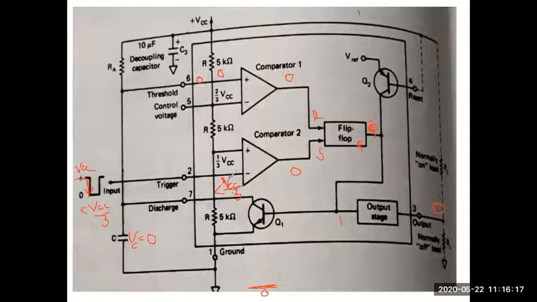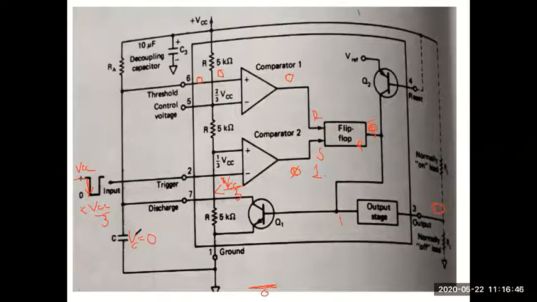What will happen to the output of comparator 2? The inverting terminal voltage is less than the non-inverting terminal voltage, so the output of this comparator, S, will go to the 1 state.